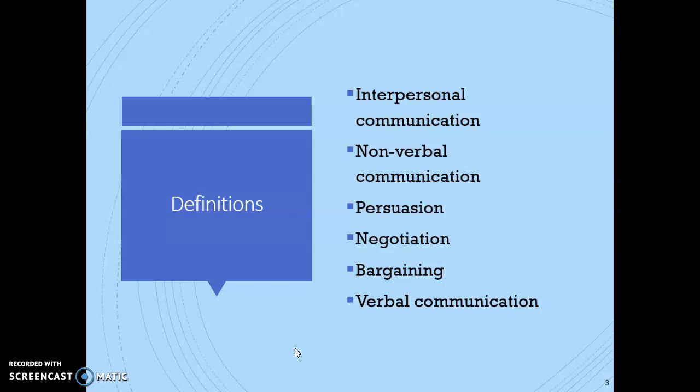Often you have to be able to negotiate, and persuading and negotiating are two different things. It really comes down to how do I get things that I need by using the appropriate communication strategies to ensure that both parties really get a good outcome together.